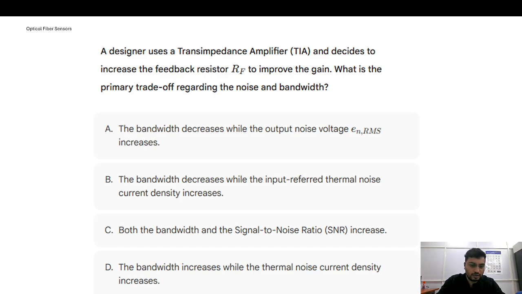So just check and let me know what could be the answer for this, how we will deal with this noise and bandwidth. What will happen? Let me know.